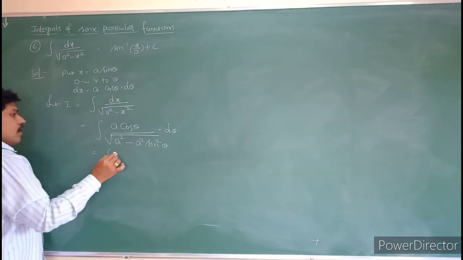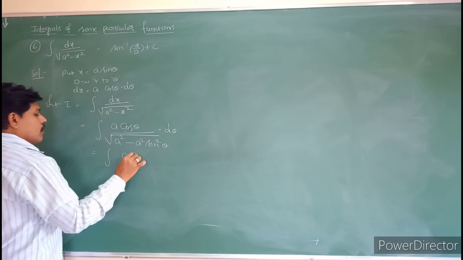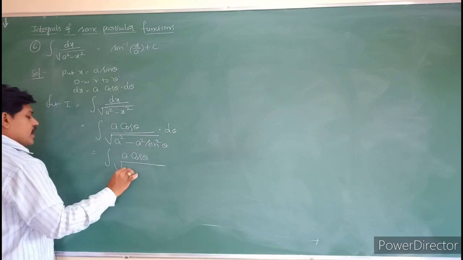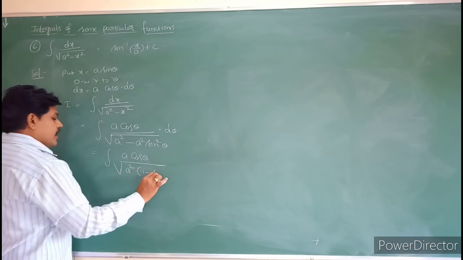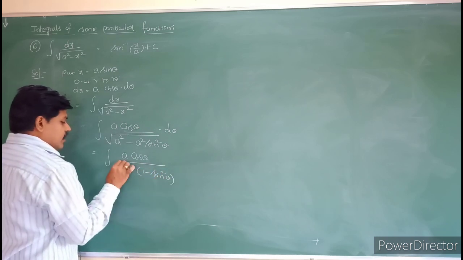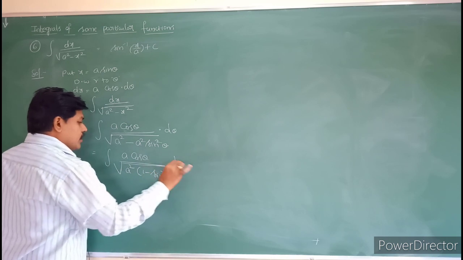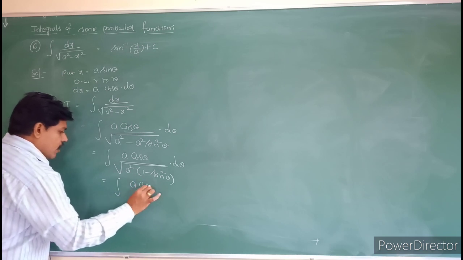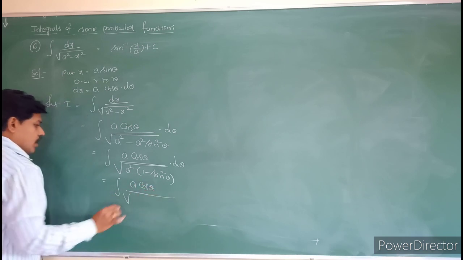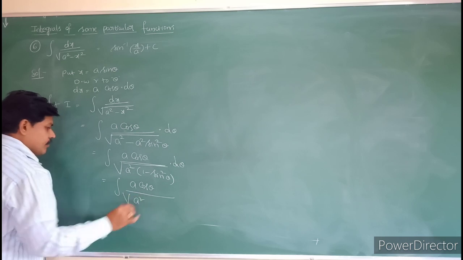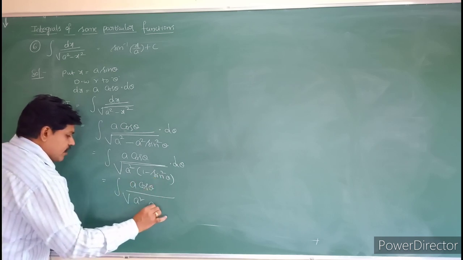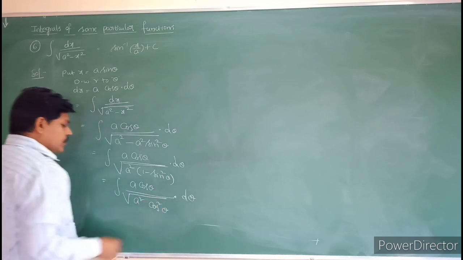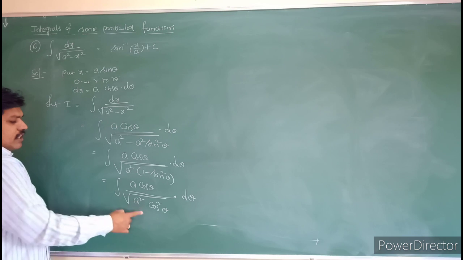Take a square common here: it will become 1 minus sin square theta. 1 minus sin square theta is nothing but cos square theta d theta. The square and the root will be cancelled.